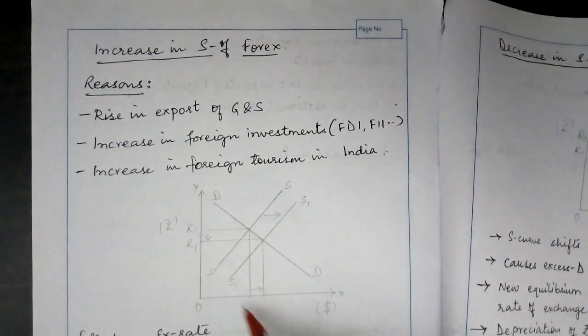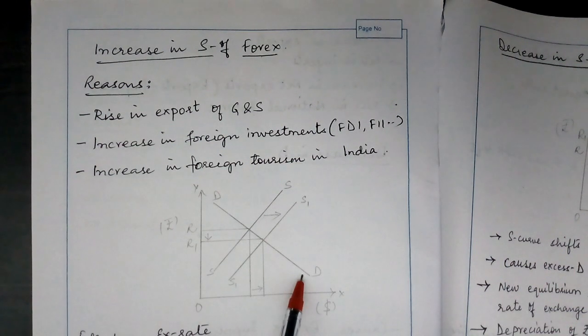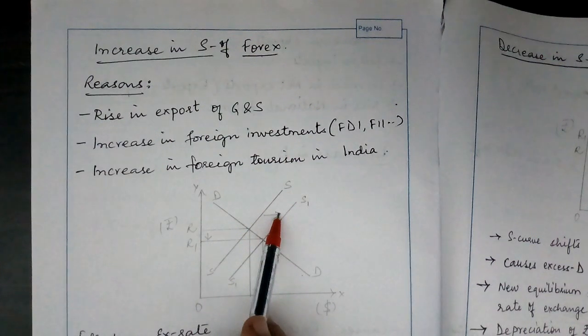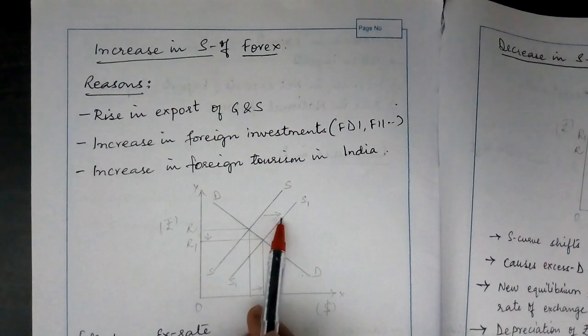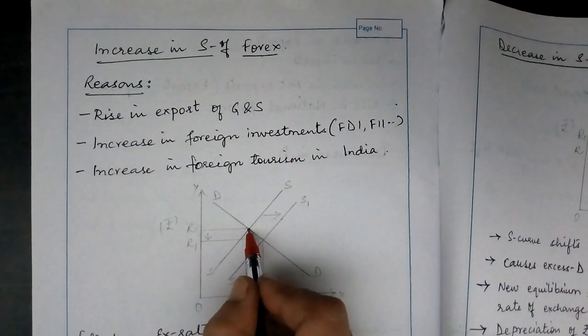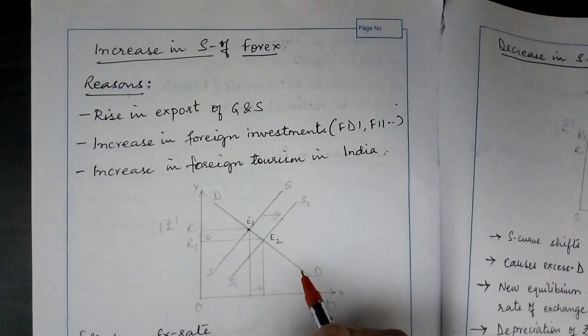Now, if you want to understand this through a graph, the demand remaining the same, if there is an increase in supply, the supply curve would move down to the rightward. A rightward shift in the supply curve would mean that the equilibrium shifts from E1 to E2.